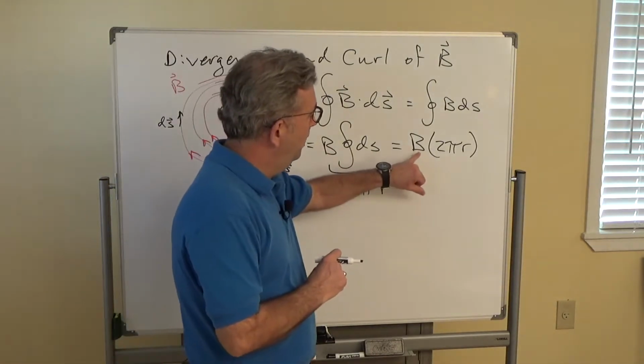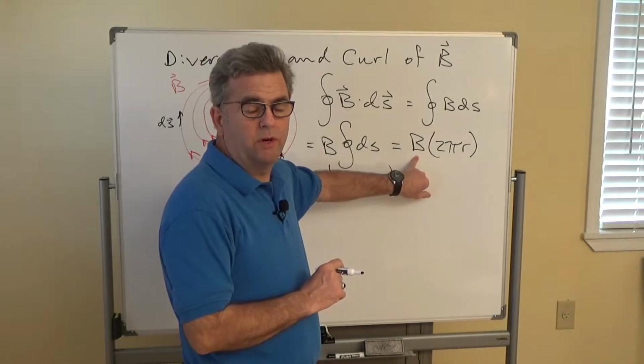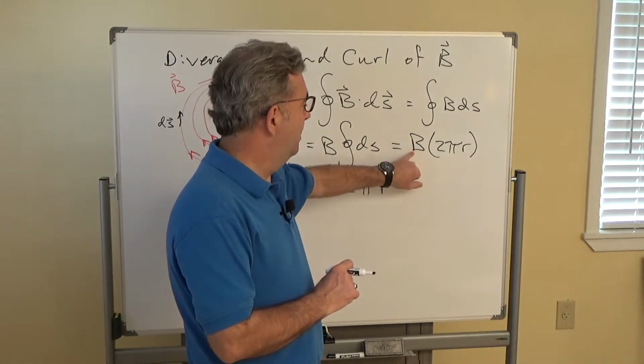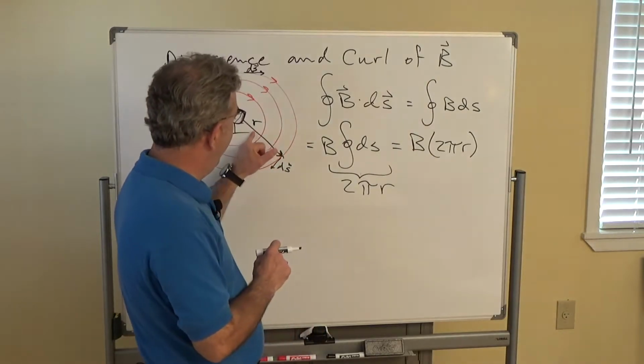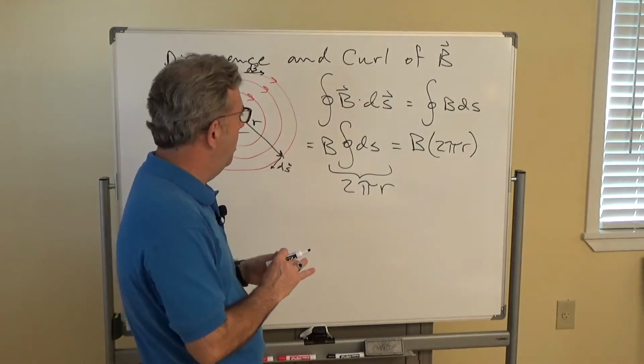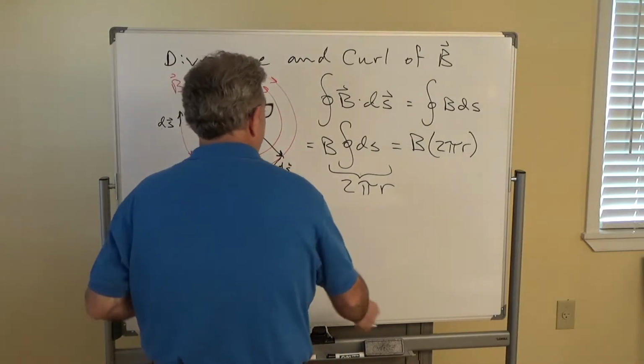But we know what B is for a long straight wire. We already calculated that for a long straight wire at some distance r from the center of the wire. It's a thin wire.